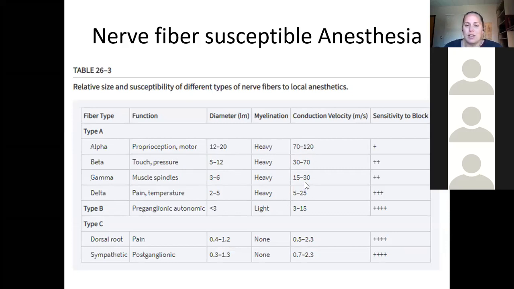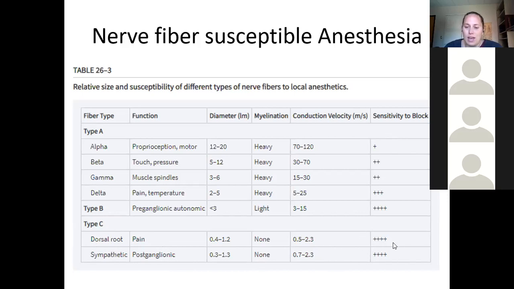Interestingly, you can notice their conduction velocity as well. And then what's nice about this particular table is it shows you the sensitivity to block. And so here your pain and temperature delta fibers type A are going to be far more sensitive to block than your proprioception and motor cells. Type C, obviously, are dorsal root, pain, and postganglionic.